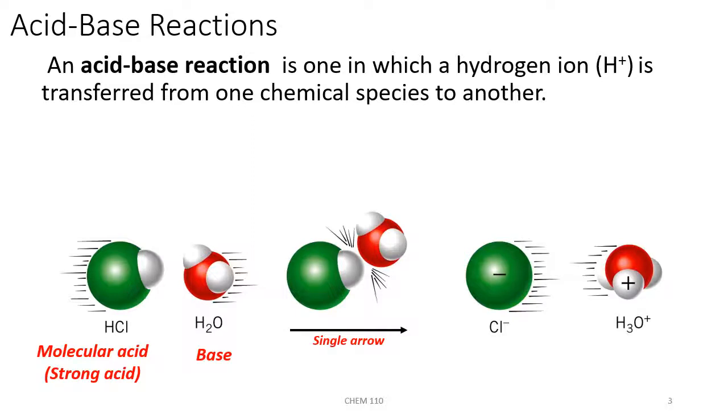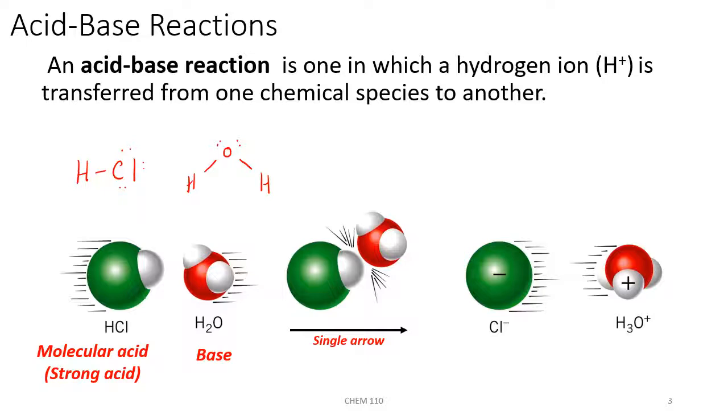An acid-base reaction is one where a hydrogen ion, or a proton, is transferred from one chemical species to another. So for example, when we take HCl and dissolve it in water, the hydrochloric acid has the structure like this, and water, H2O, has a structure like this.